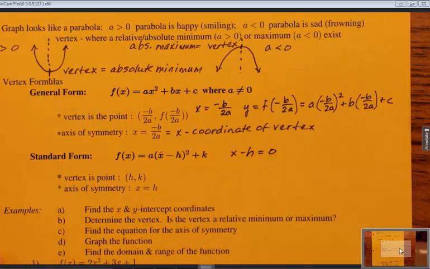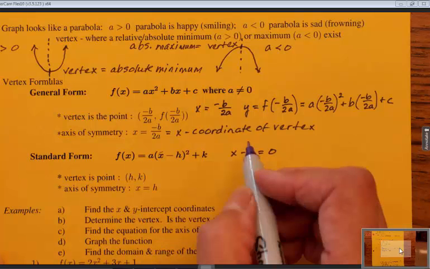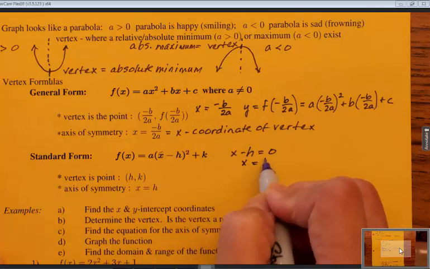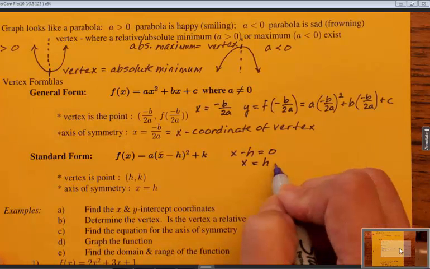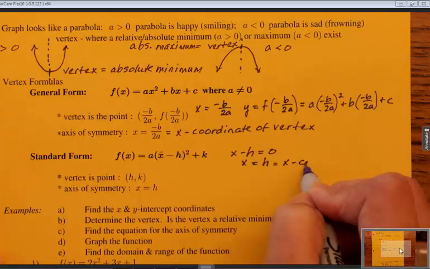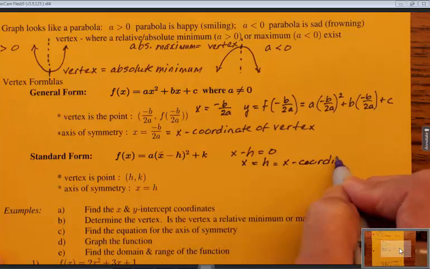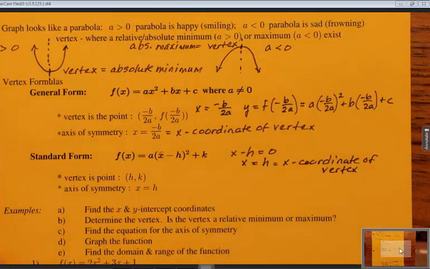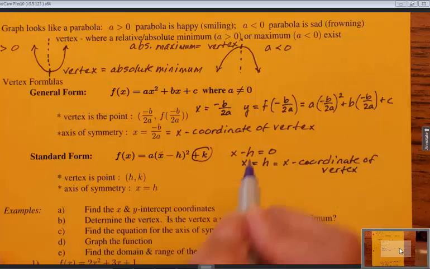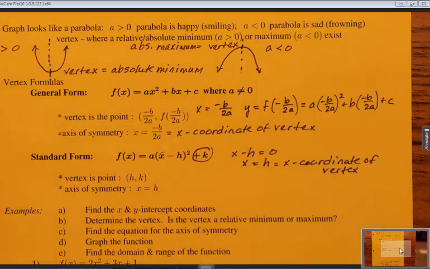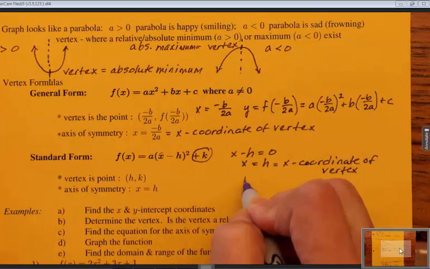So we're taking whatever's inside the function, like we've done before, solving for x, and that will give us the x coordinate of our vertex. H is the x coordinate of your vertex. And then this k outside here, well, it's outside of the function. It's a straight shooter. That's going to be the y coordinate. So k is the y coordinate of your vertex.